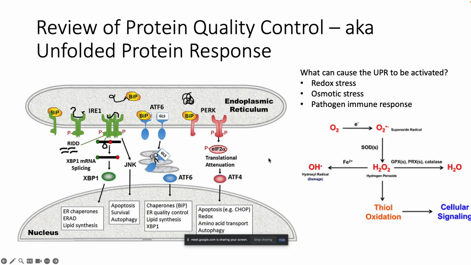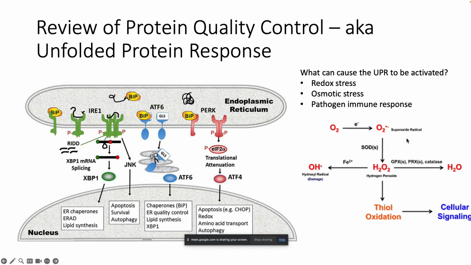Okay. So what is reactive oxygen species? So reactive oxygen species is this generation of a superoxide radical, an oxygen with a free radical electron on it, because remember that electrons want to be in pairs, and when they're not in pairs, they're very angry and they'll interact with anything they can get their hands on.